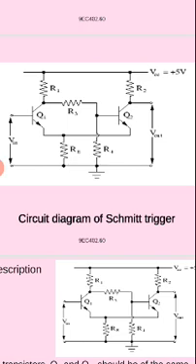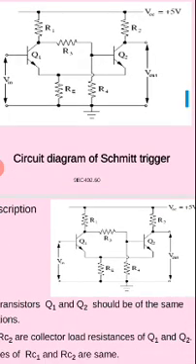Input is applied at base of the transistor Q1 and output is taken at collector of Q2. For both the collectors, VCC is applied, that is 5 volts.